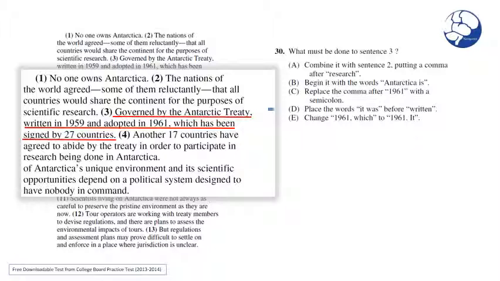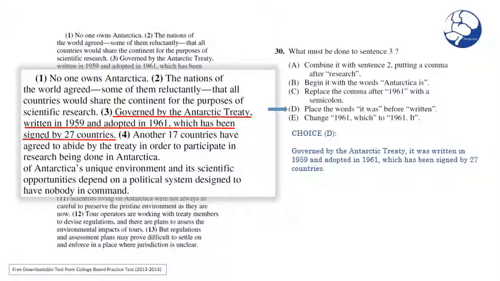But what about D? Well, D says, place the words it was before written. If we read the sentence with the corrections, it would read, governed by the Antarctic Treaty, it was written in 1959 and adopted in 1961, which has been signed by 27 countries.